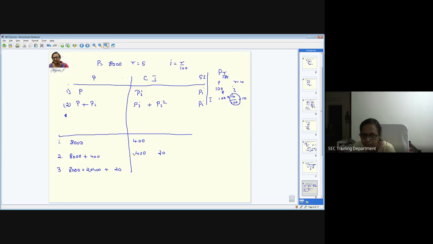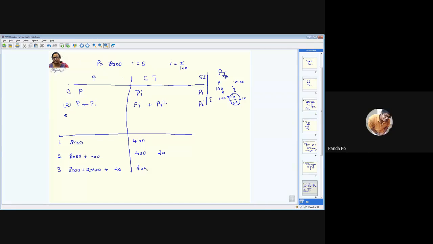So for 8,000, 5% is 400. For 400, 5% is 20. And now the principal plus the interest, whatever you have, will become principal for the next year. So 8,000 is there, this 400 and one more 400, so 2 times 400, then this 20. And now you calculate interest for this. For 8,000, what is 5%? 400.